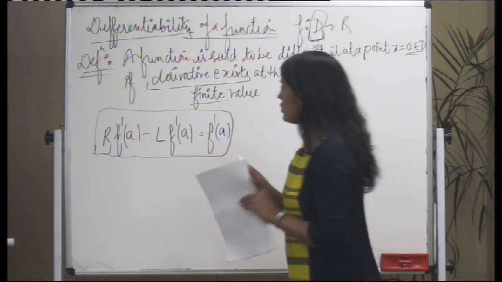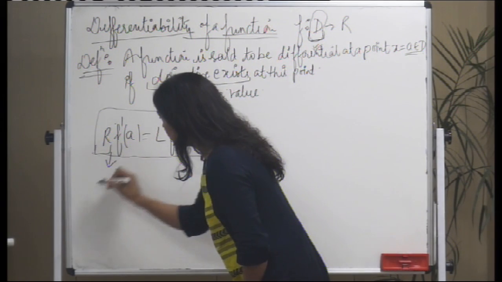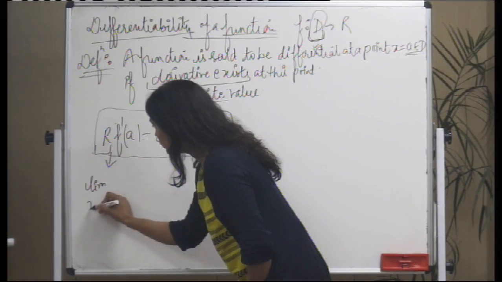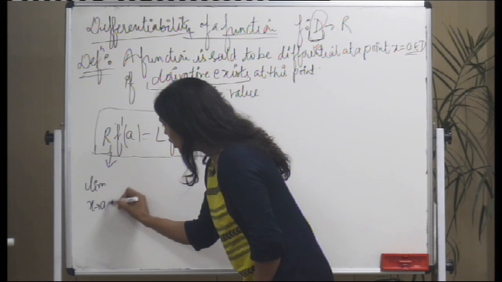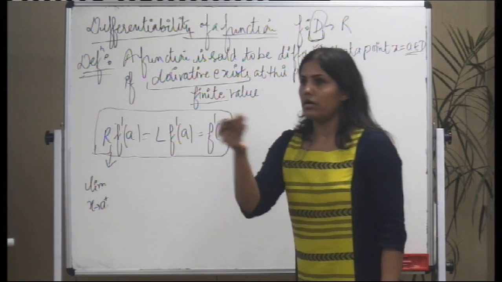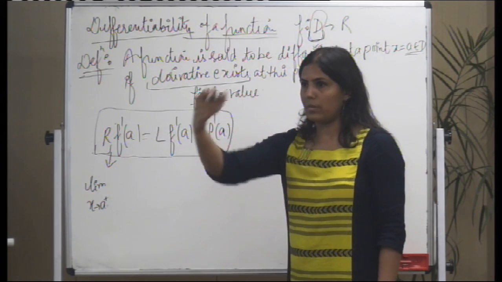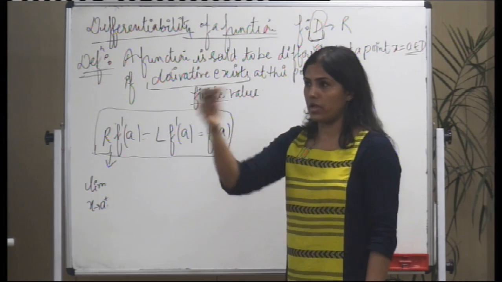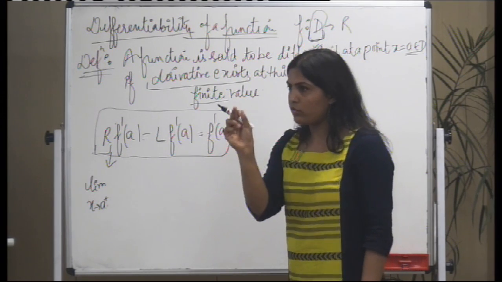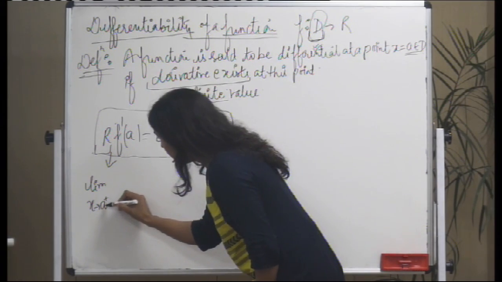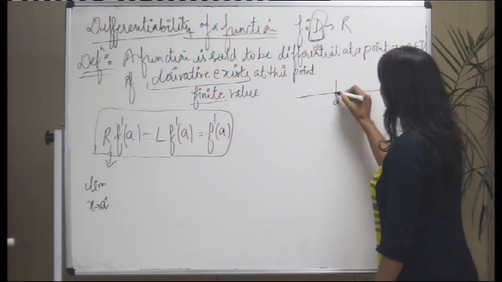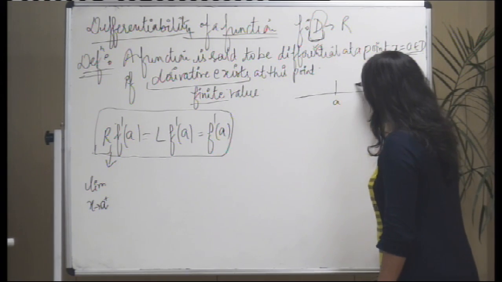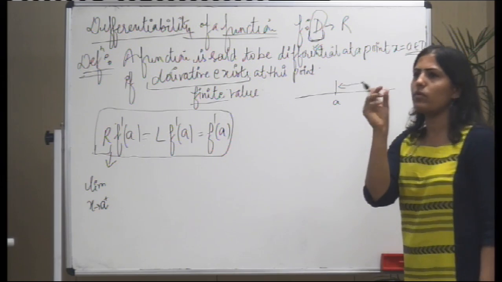Now I am writing the theory definition. This is right, and right means you go a little bit to the right of a, not very far, but a little difference. Suppose this is the point; a plus means you are coming from this point with a very small distance.